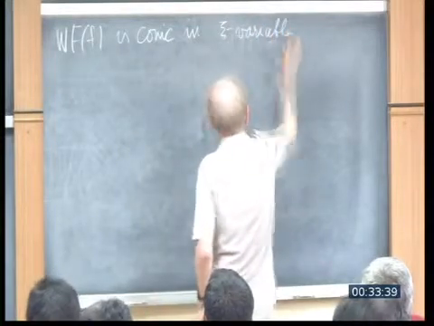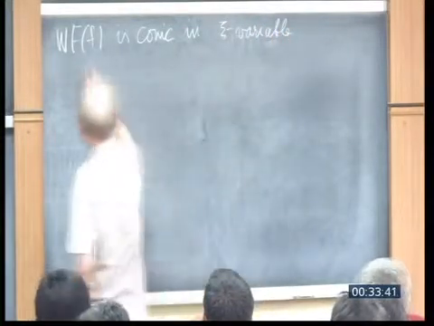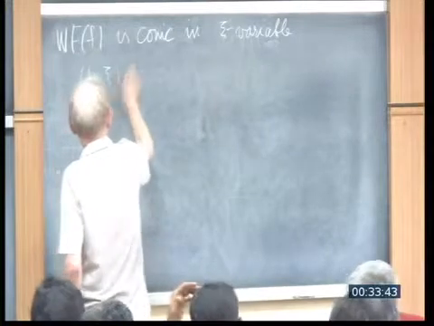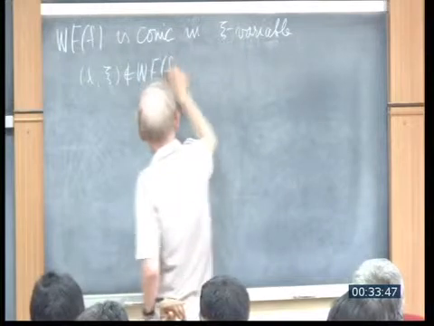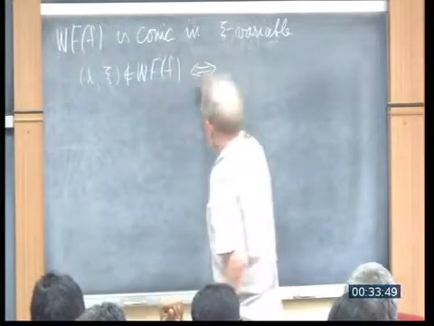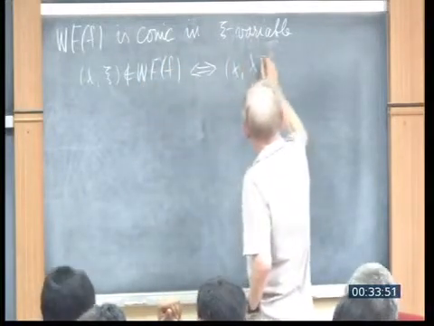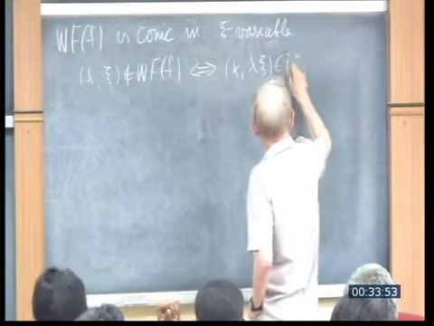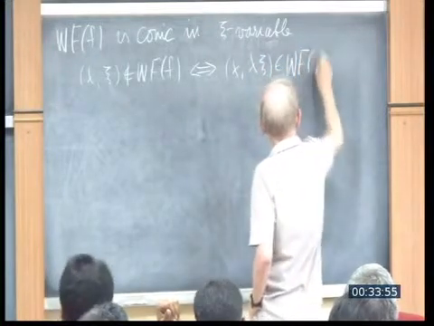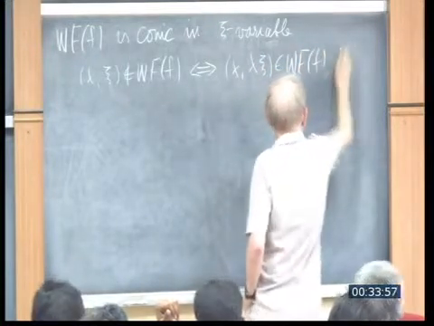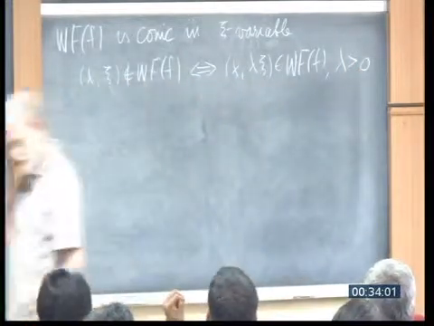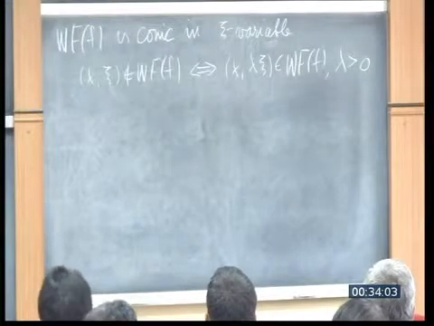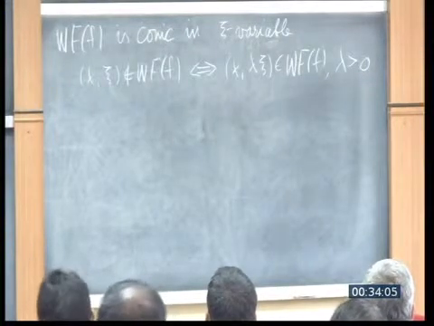This is absolutely obvious, and by this I mean that (x, xi) is in the wavefront set if and only if (x, lambda xi) is, as long as lambda is a positive real number. That is the size of the xi vector.